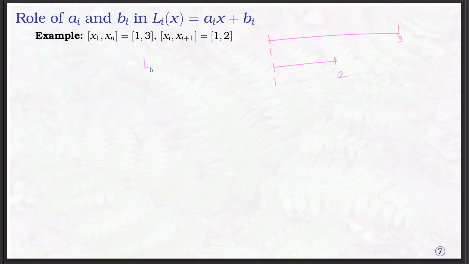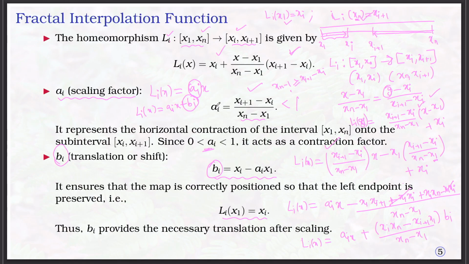Now, we need to find the suitable ai and bi such that this 1 must map to 1 and 3 must be mapped to 2, then the remaining points between 1 and 3 will be mapped in between 1 and 2. So, for computing ai and bi, we can use this formula.